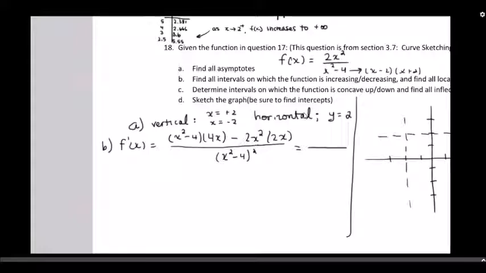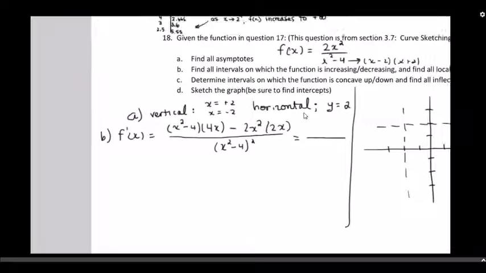Okay, now if we simplify that, this term right here would be negative 4x cubed. If we distributed there, we would get a 4x cubed as well. So those 4x cubed terms are going to cancel each other out. So then the term left in the numerator is this term multiplied there, so that's negative 16x over x squared minus 4 squared.